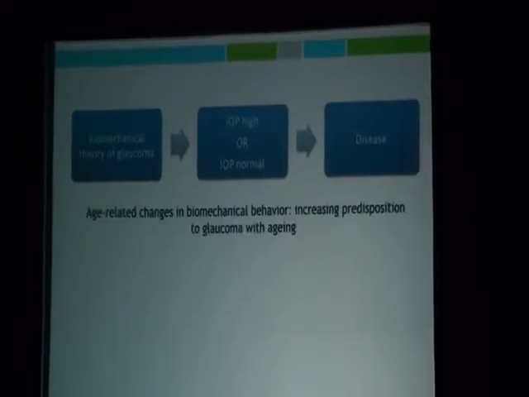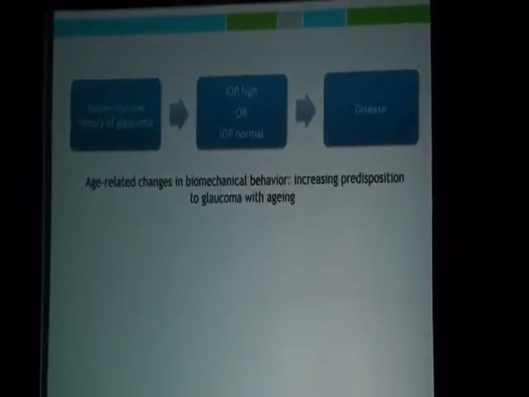What is interesting in the biomechanical theory of glaucoma is that sometimes when the pressure is high, some eyes do not progress or there is no obvious nerve damage, whereas some patients progress or develop disease despite having normal intraocular pressures, as we know, the low tension or normal tension glaucoma patients. So there is some sort of response happening that generates disease.